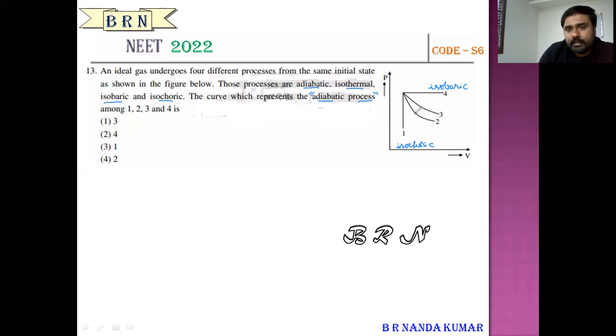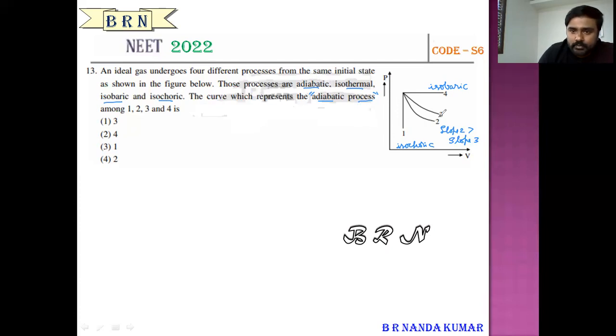Okay. So among these two curves, one will be isothermal and the other adiabatic. Adiabatic has a steeper slope. In the PV graph, the pressure versus volume graph, the slope should be maximum. Here the slope of curve 2 is more than the slope of curve 3.